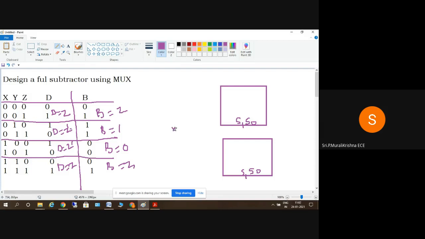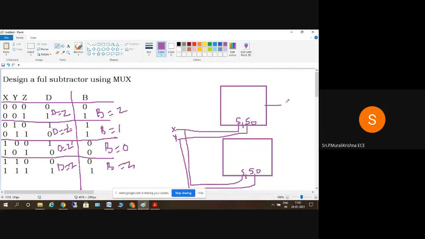So the value of x, the value of y. This is given to x and this is given to y. Okay, and it is a 4:1 multiplexer, right?